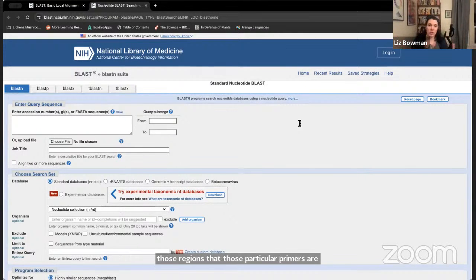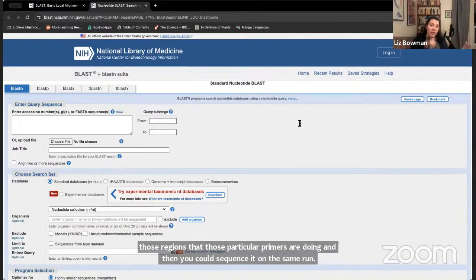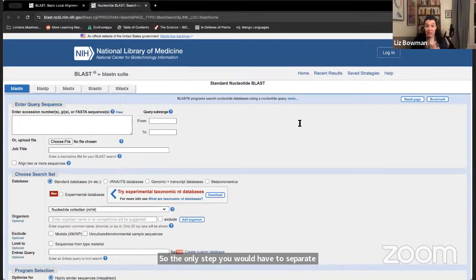And then you could sequence it on the same run. So the only step you would have to separate is the actual amplification of that region. But a lot of times people don't do this because it's expensive, and academia is at a deficit for money, which is one of the issues. So a lot of times these lower groups are completely ignored.